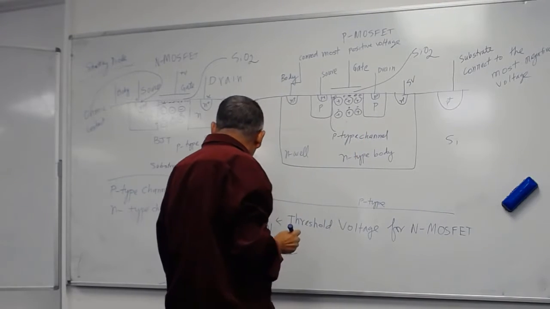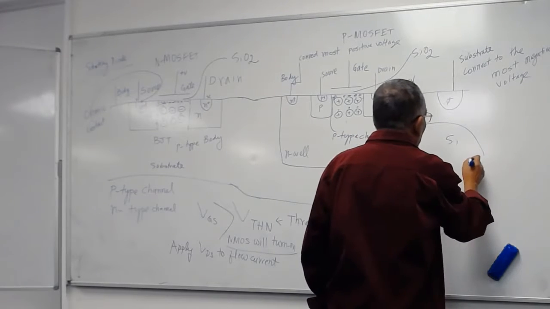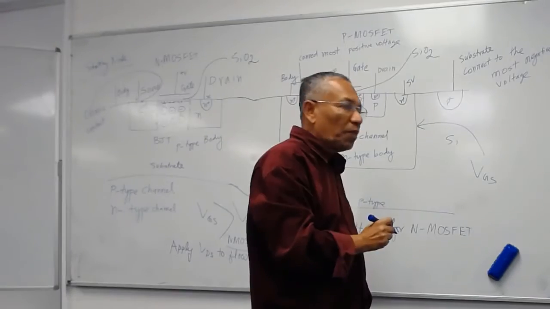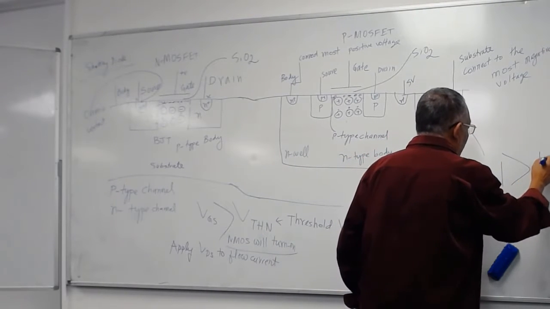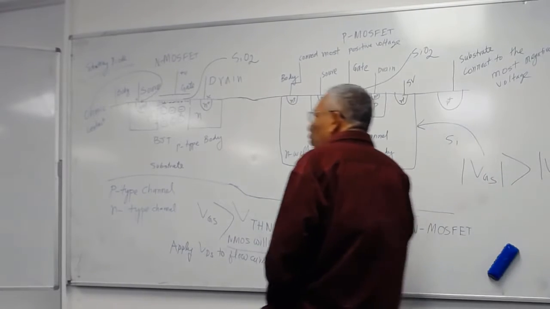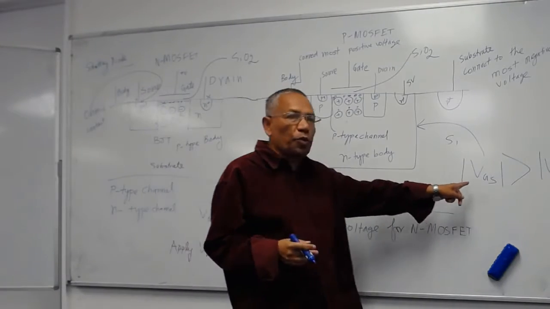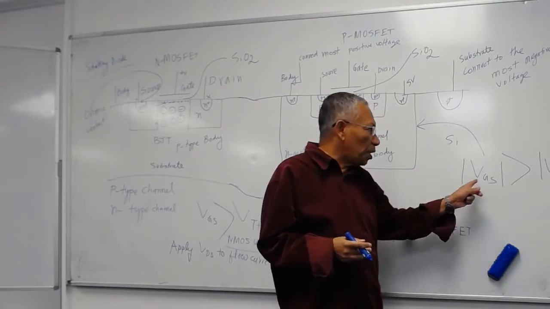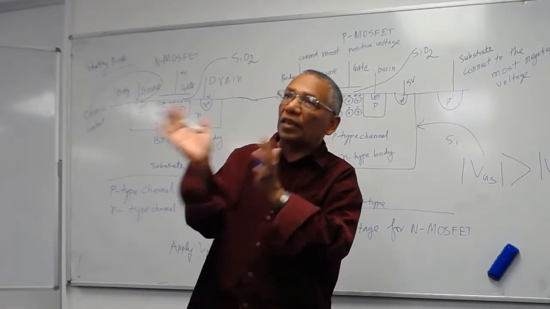So in this case, VGS must be what? The absolute value of VGS must be greater than the absolute value of VTHP, the threshold voltage of the PMOS. Because VGS has to be negative and VTHP is negative, it must be a negative voltage of a larger magnitude.